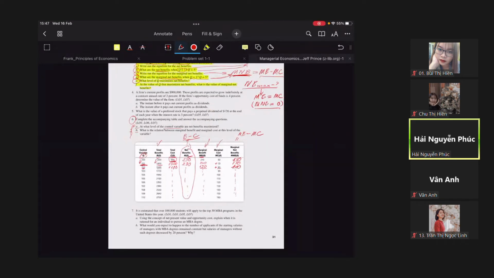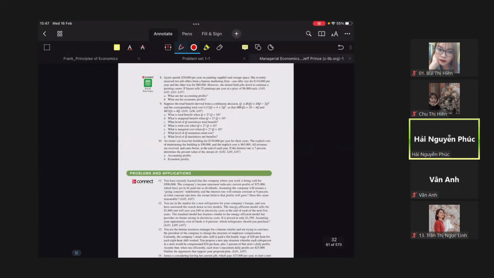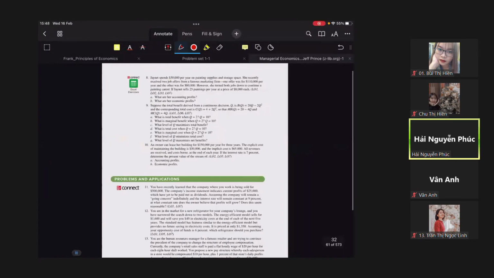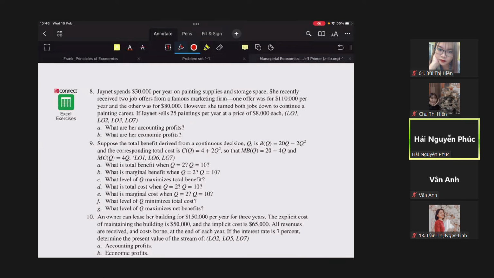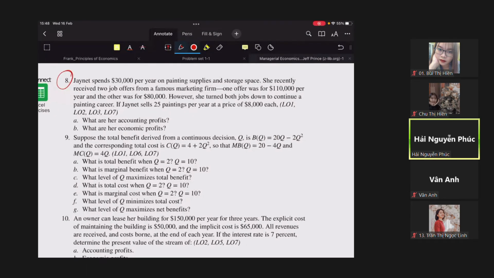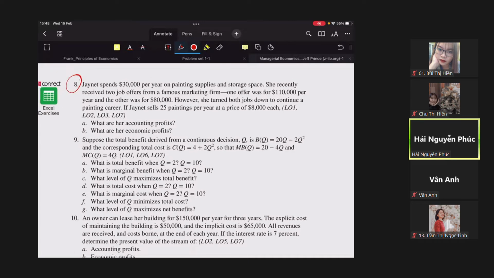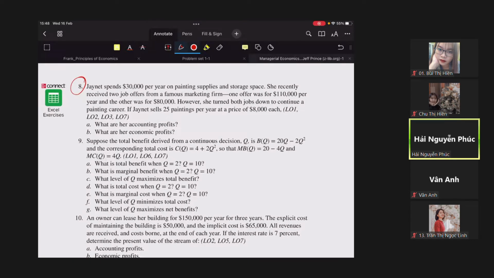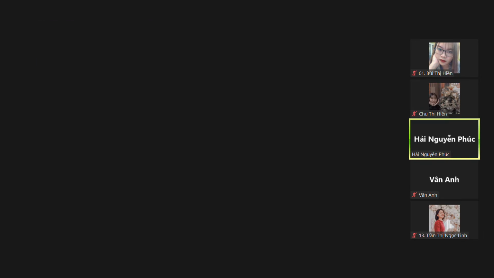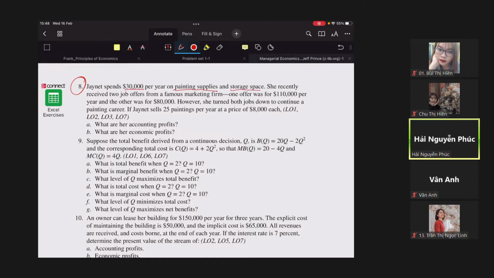Now the question number 8. It says that Janet spent $30,000 per year on painting supply and storage space. She recently received 2 job offers from famous marketing firms.